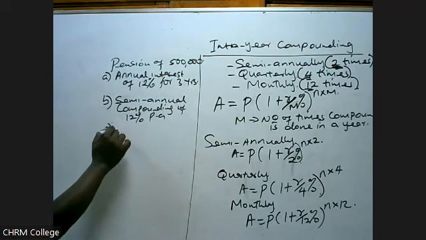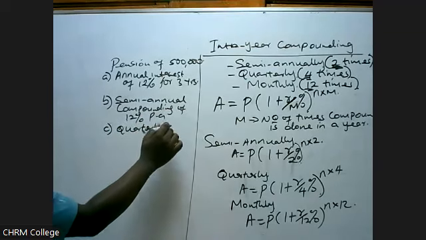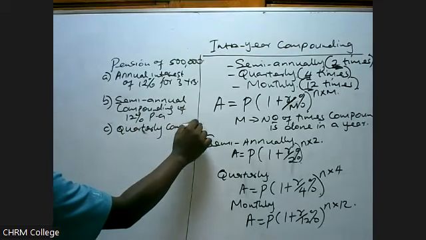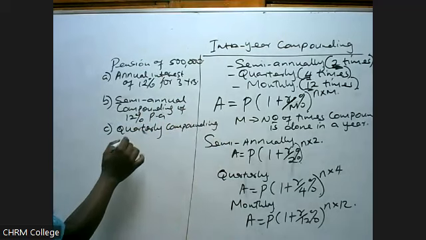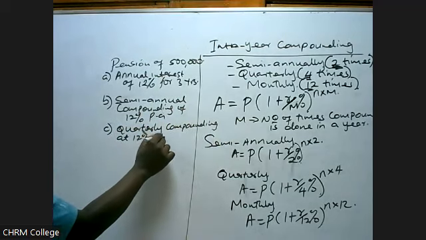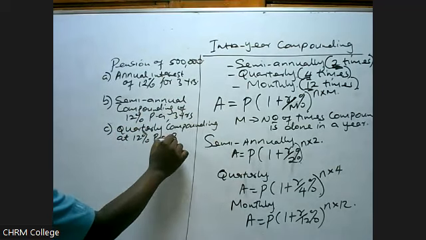Number C, it is quarterly. You want to save in an account that compounds quarterly. Quarterly compounding at 12% per annum. This one is 3 years also.